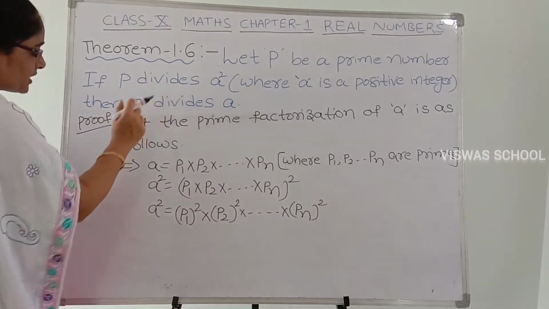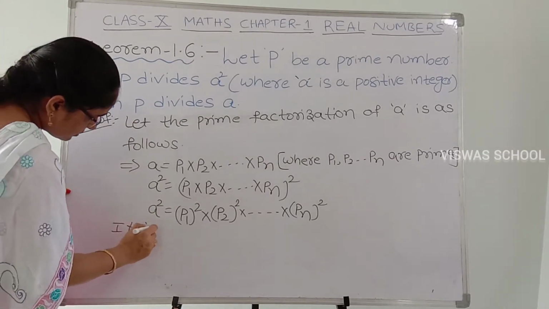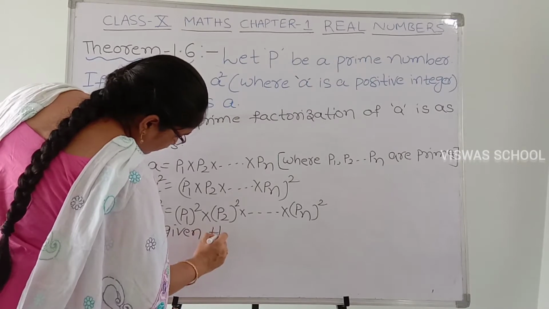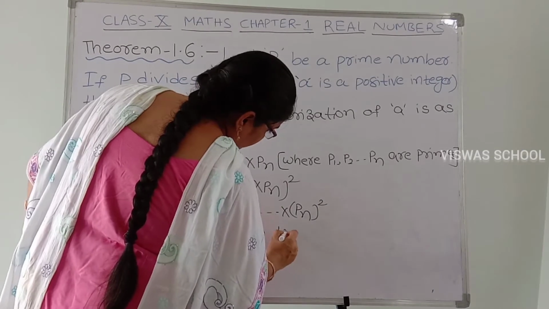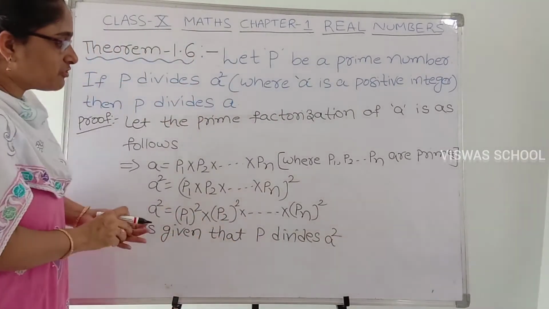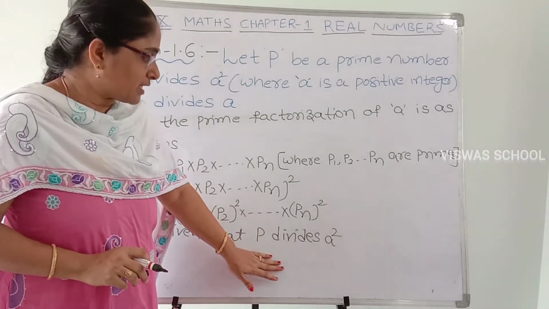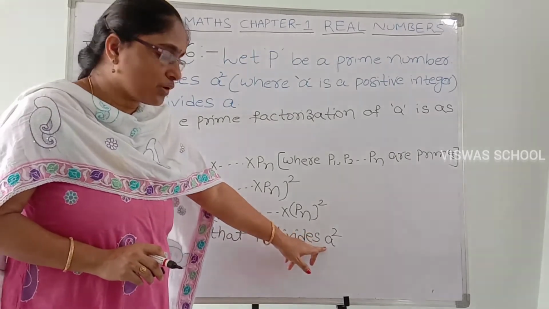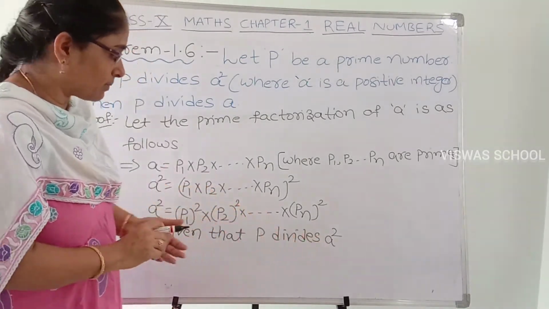That is, if P divides A square, it is given that P divides A square. That means, by the fundamental theorem of arithmetic, P is one of the prime factors of A square.